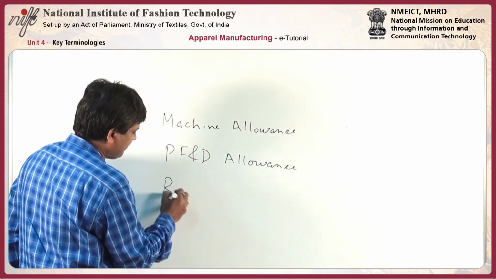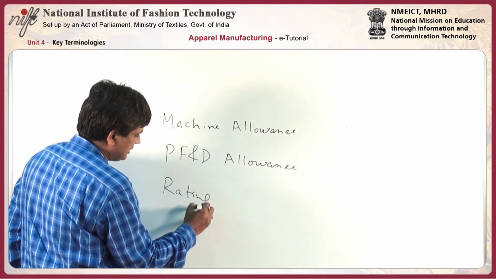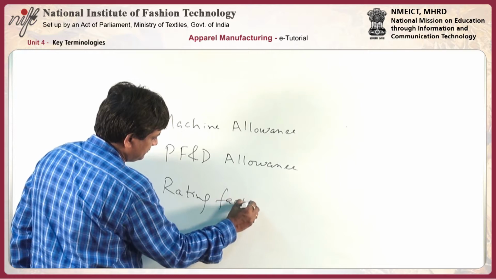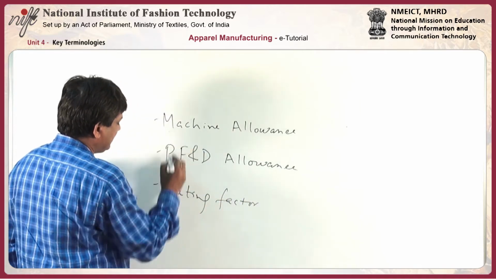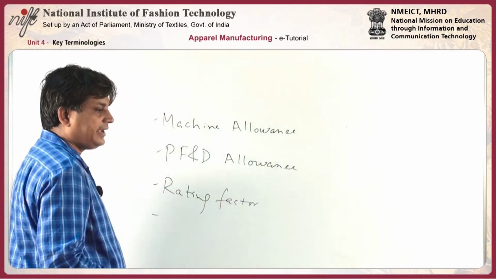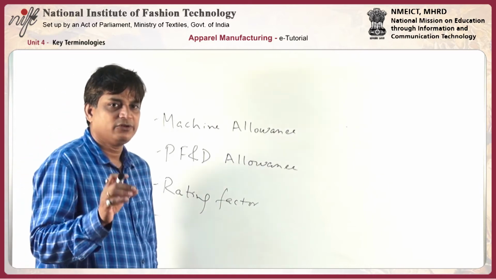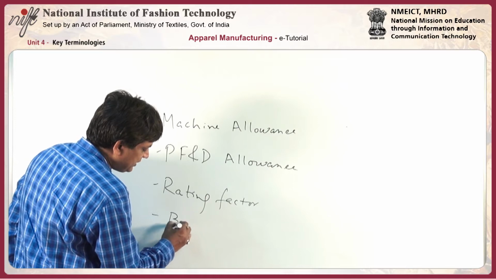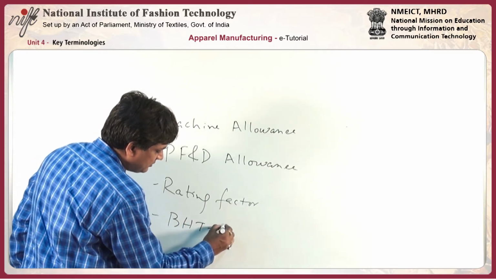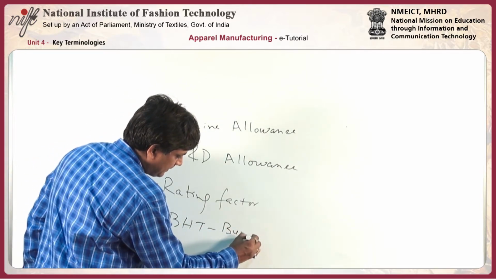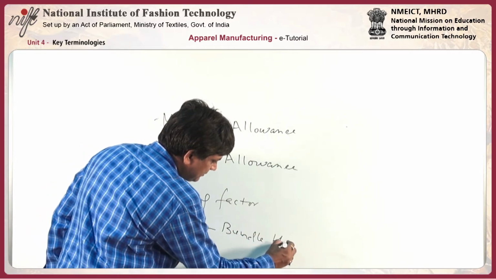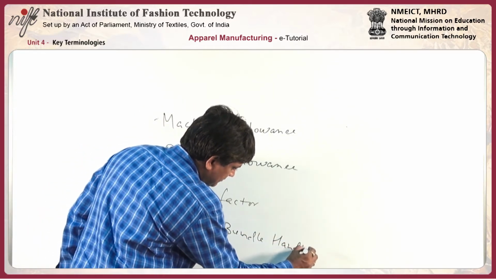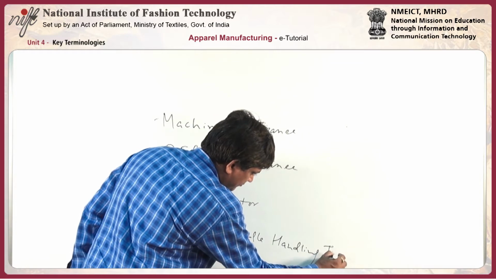and definitely we are giving the rating factor also. In the case of the progressive bundle unit system, where we have the bundle system, we are giving the BST allowance also. BST stands for bundle handling time.